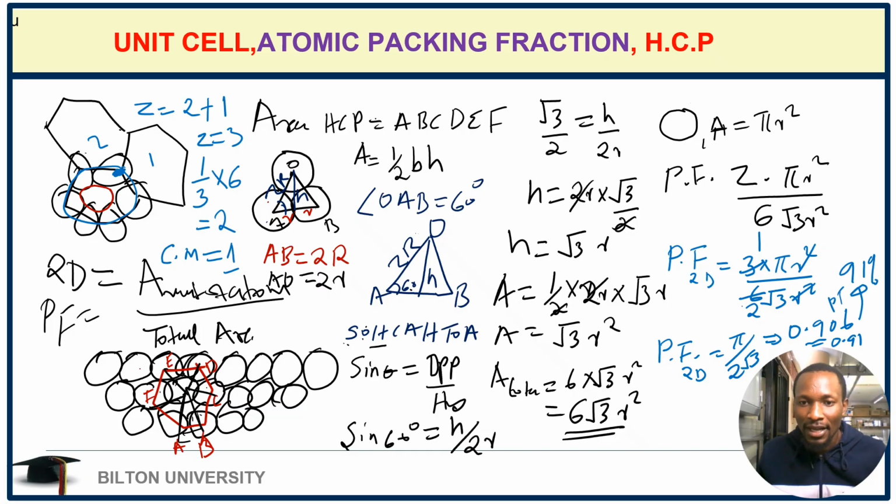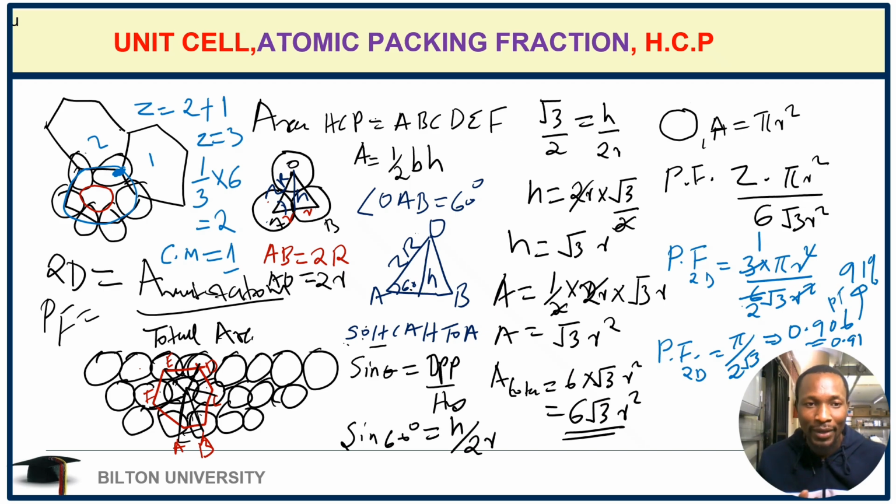It tells you that if you look at the unit cell in 2D, 91% of that unit cell is occupied by the atoms, leaving only 9% of that area unoccupied by the atoms, or what we call void space.